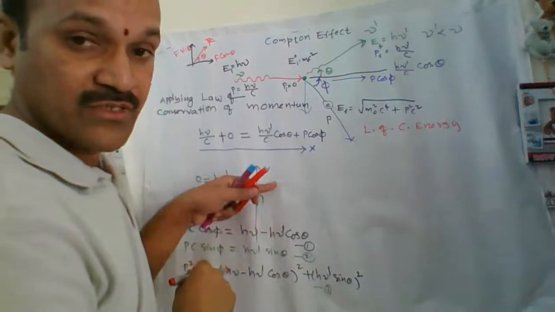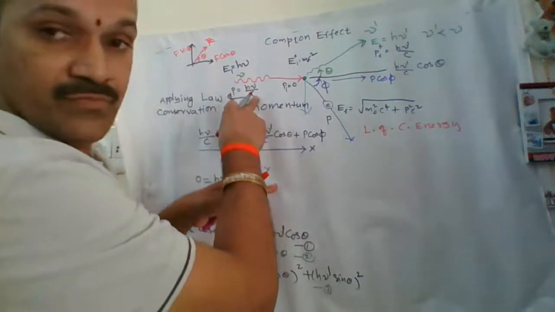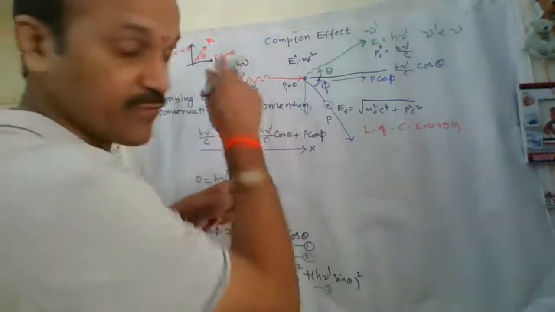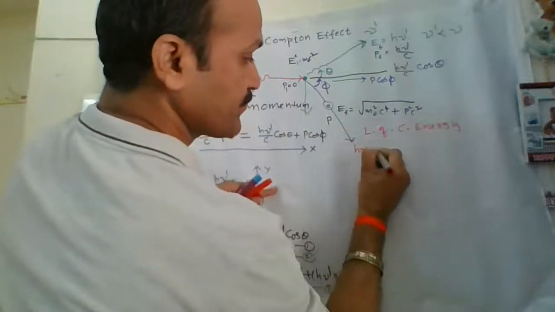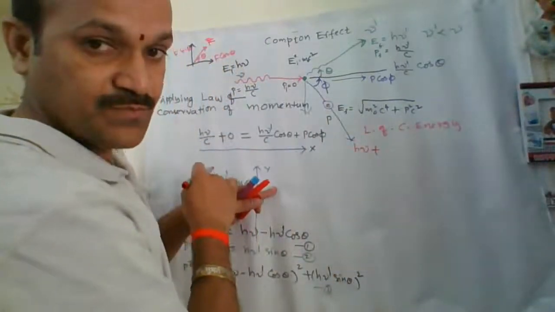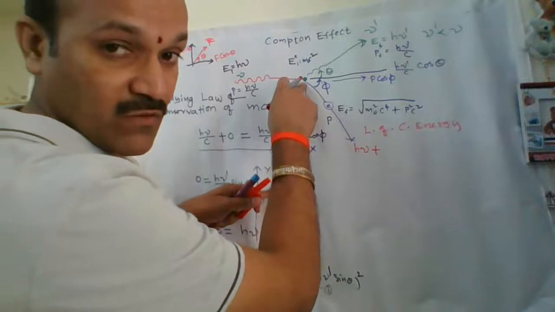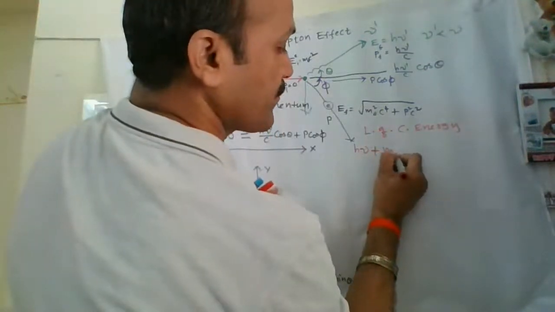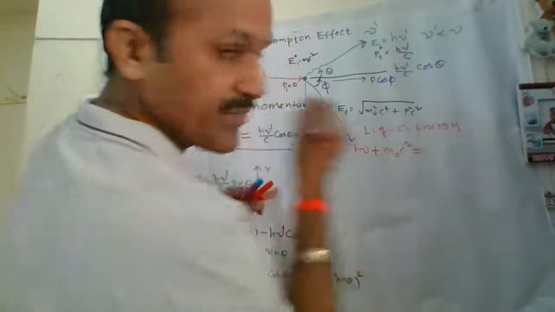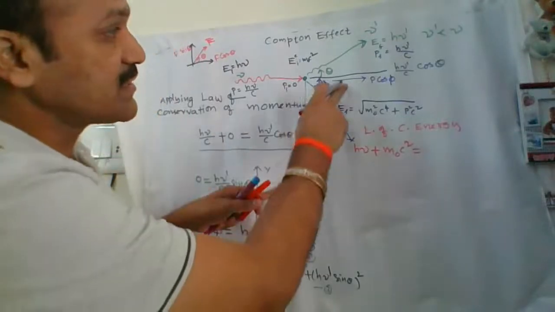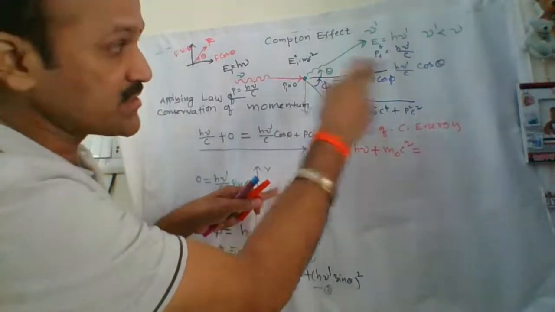Total energy before collision, how much? h nu for the photon plus m naught c square for the electron is equal to total energy after collision.